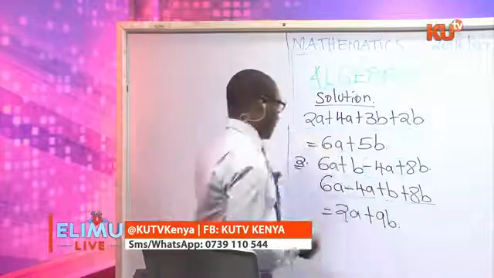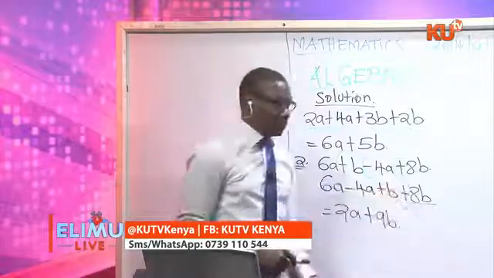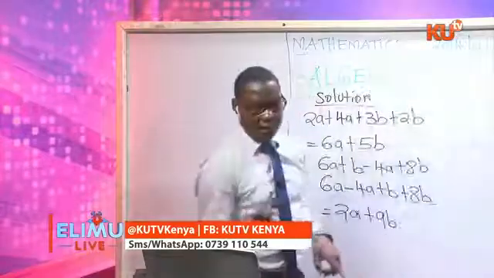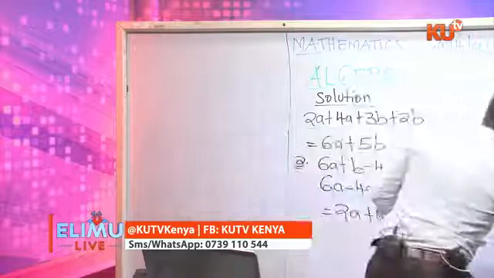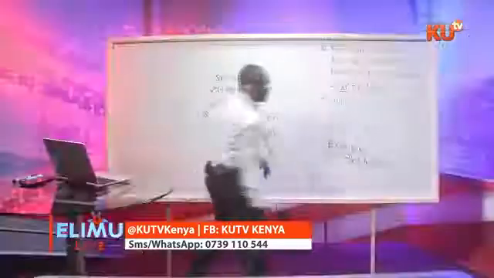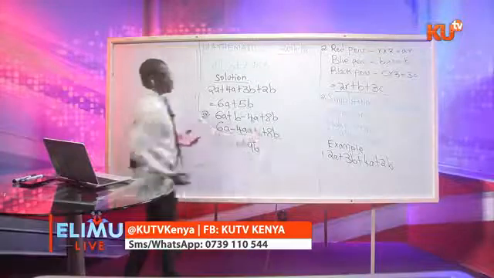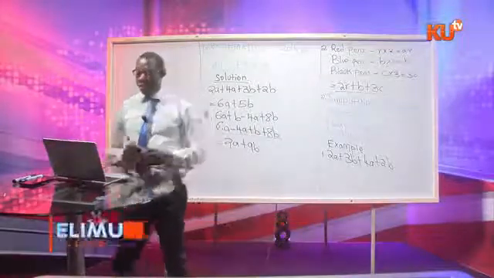Now let's look at another question also. We are still solving algebraic expressions. Remember, I'm using different signs so that you can be able to understand. The first question we had, all of them were addition. Our second one, we had addition, subtraction, and addition. Now let's look at another one, which has subtraction.